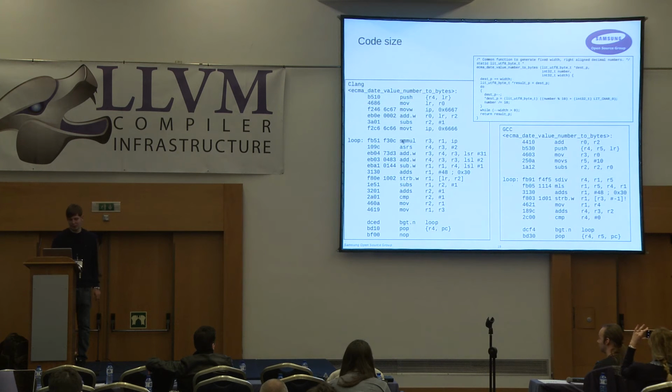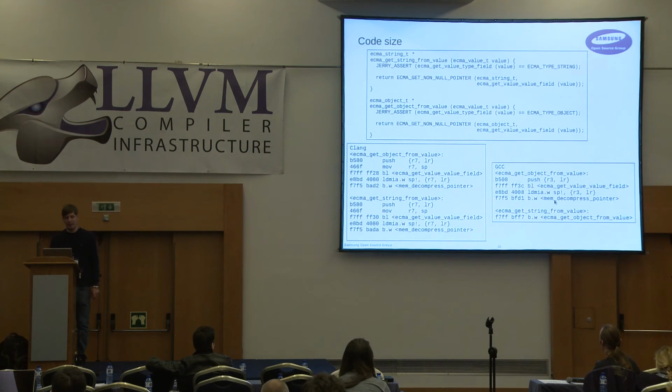On the clang side, however, quite a lot more is generated here. It's also doing a multiplication and then a lot of additions and subtractions, and here it's really using the wide form, so this increases the code size quite a bit. And then there's also a bit more overhead for the loop management.